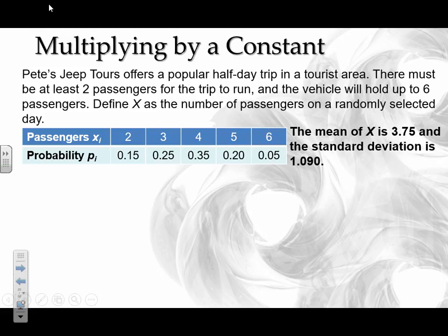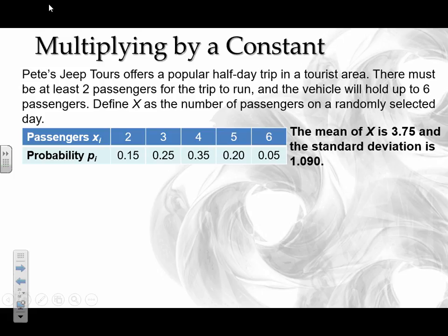And what I get there, I multiply by the probability. So 2 minus 3.75 squared times 0.15 plus 3 minus 3.75 squared times 0.25 and so on. So I subtract my value from my mean, get an answer, square it, then multiply by the probability. And then when I do that for every value, I add them all together.